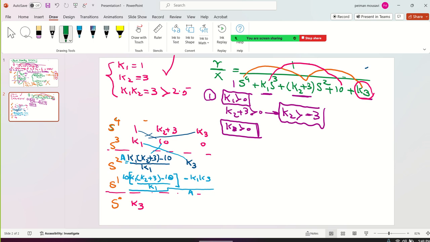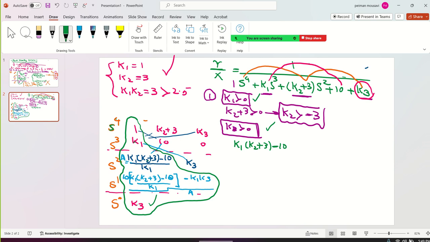So the first column must be positive. This is the first column. First column must be positive. K1 is greater than 0, we already got that. K3 must be greater than 0, we already got that. Now this: K1 in K2 plus 3 minus 10 divided by K1 must be greater than 0.